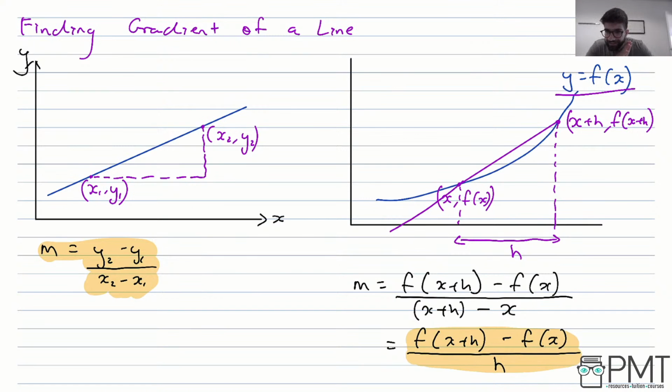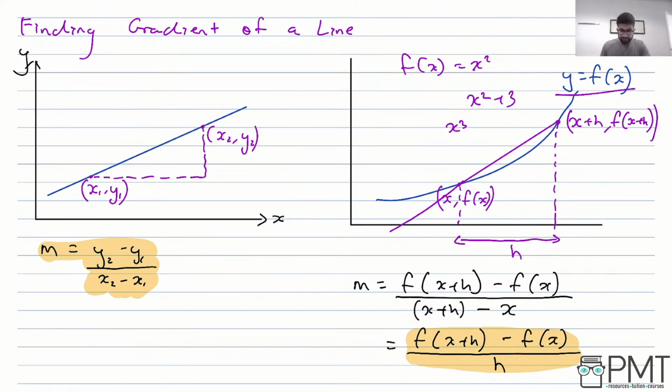Salma, why is the y coordinate f of x plus h? So the idea there is that we have got this curve represented by f of x. So that's your function. F of x can be anything such as x squared, or it could be x squared plus 3, or it could be x cubed. It's your function.